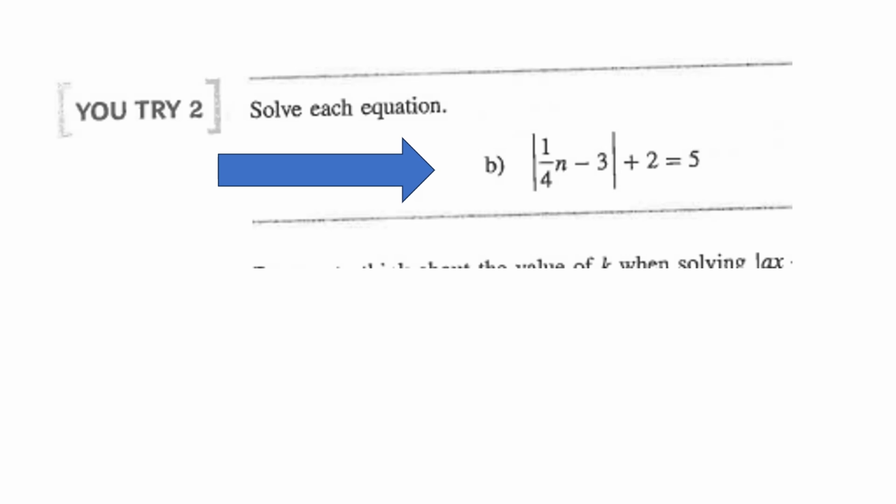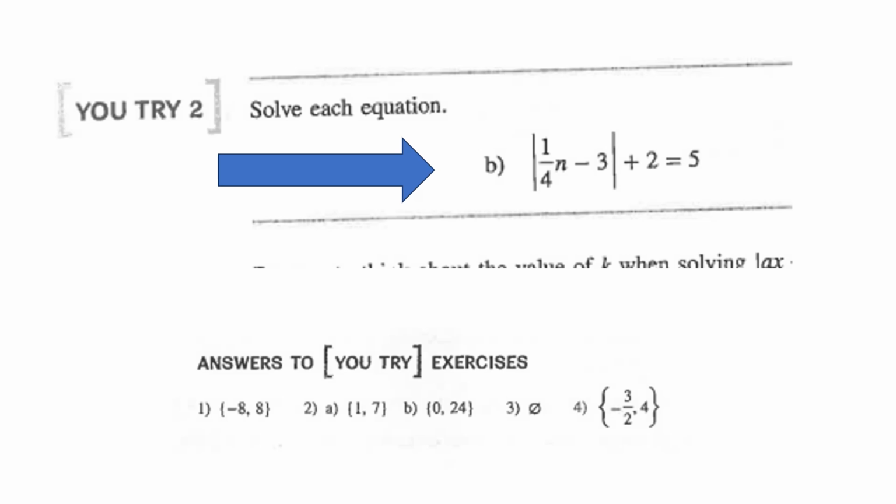That is a vertical bar, 1/4 n - 3, end of vertical bar, + 2 = 5. I ask you to pause the video and try to solve this, and we'll come back and compare your answers. So please pause the video. Let's see how you did. Your answer to this You Try should have been that n could be 1 or n could be 7.